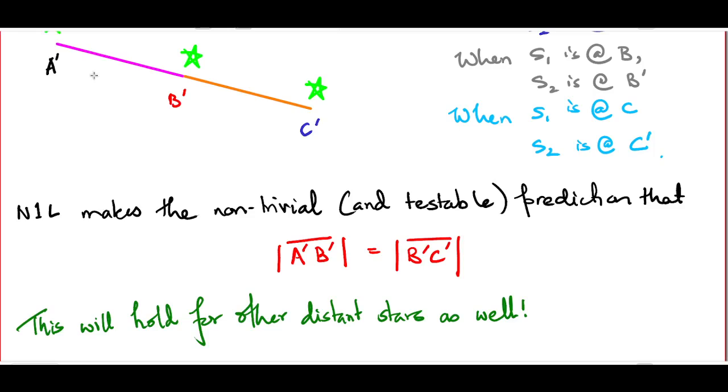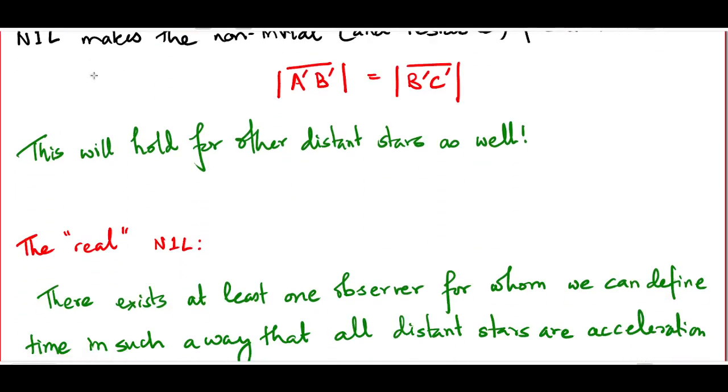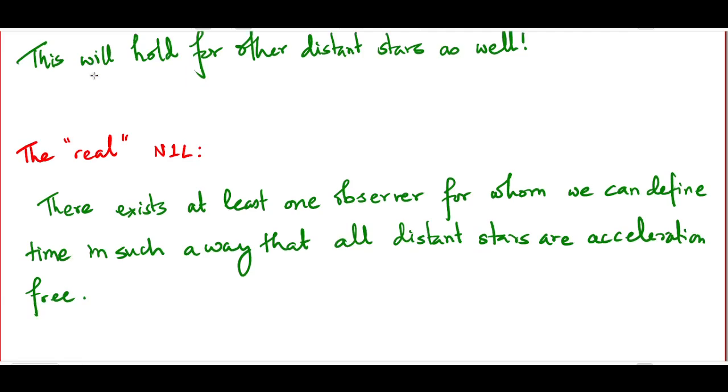So at the end of the day, what Newton's first law really guarantees is the following. There must exist at least one observer for whom we can define time in such a way, the way being of course using one of the moving distant stars as we described, that all distant stars are rendered acceleration free.